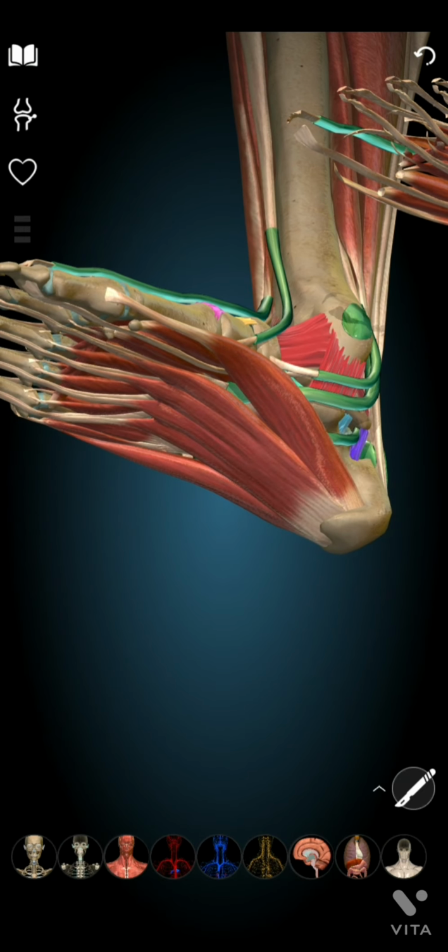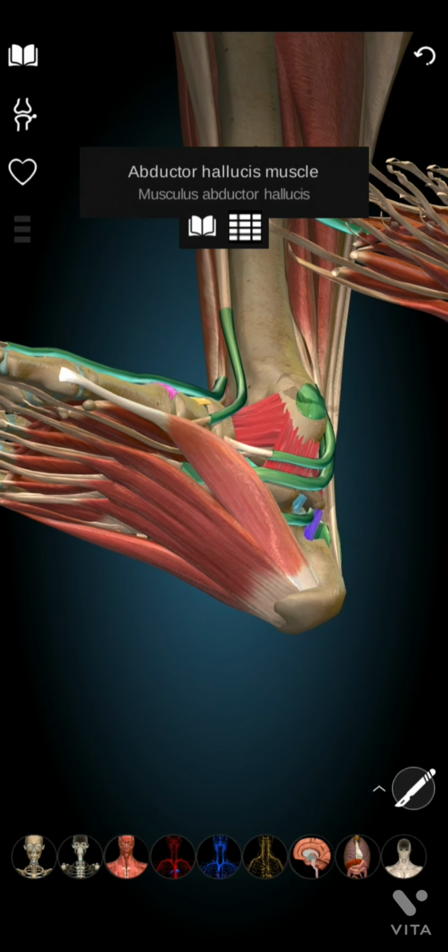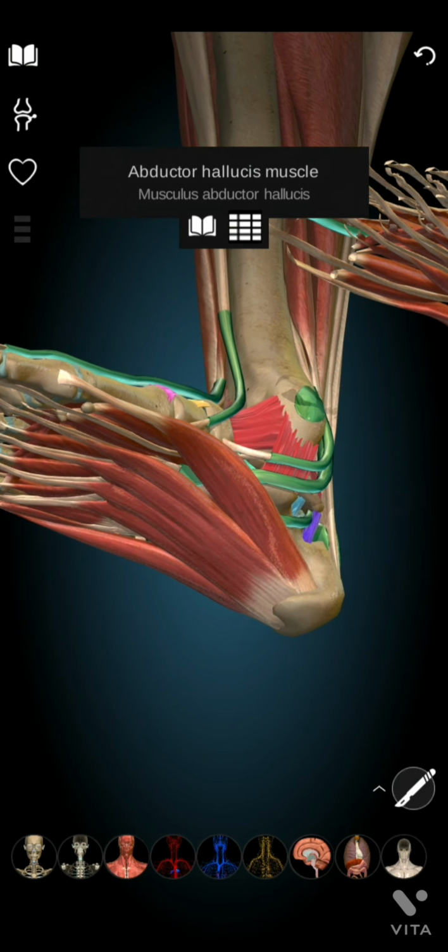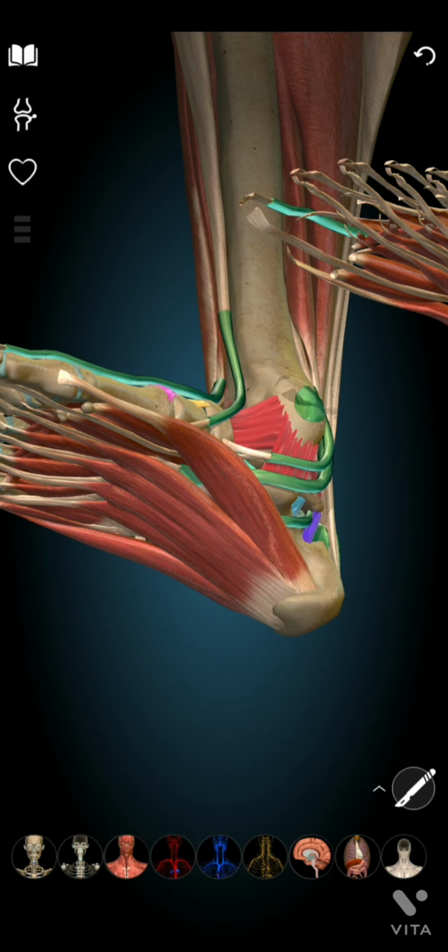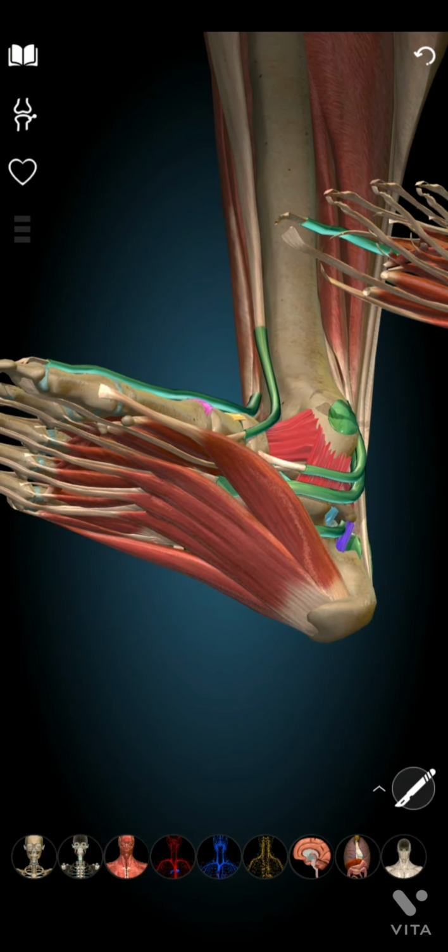Coming to the muscle which is most medial, it is the abductor hallucis muscle. How did it get its name? Imagine this muscle originating at the calcaneum and inserting into the hallucis, which is the first digit. We'll call the first digit hallucis for now.